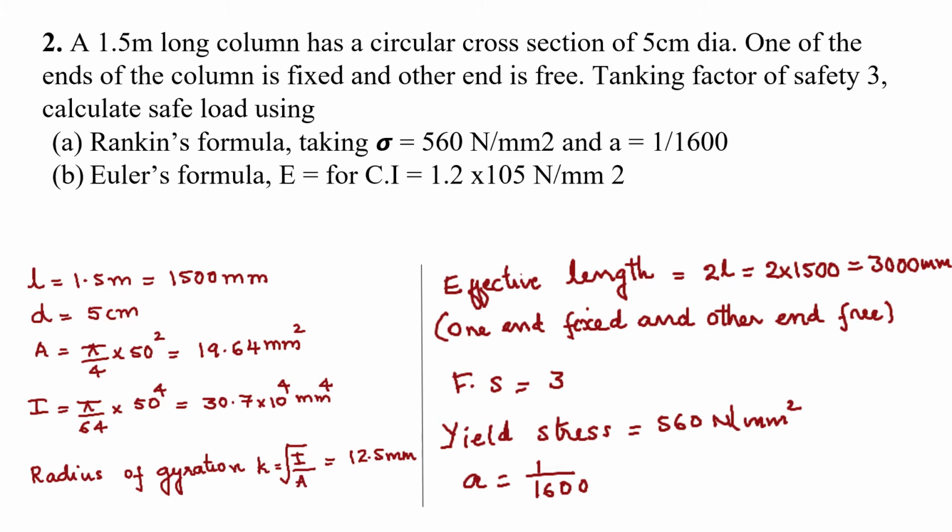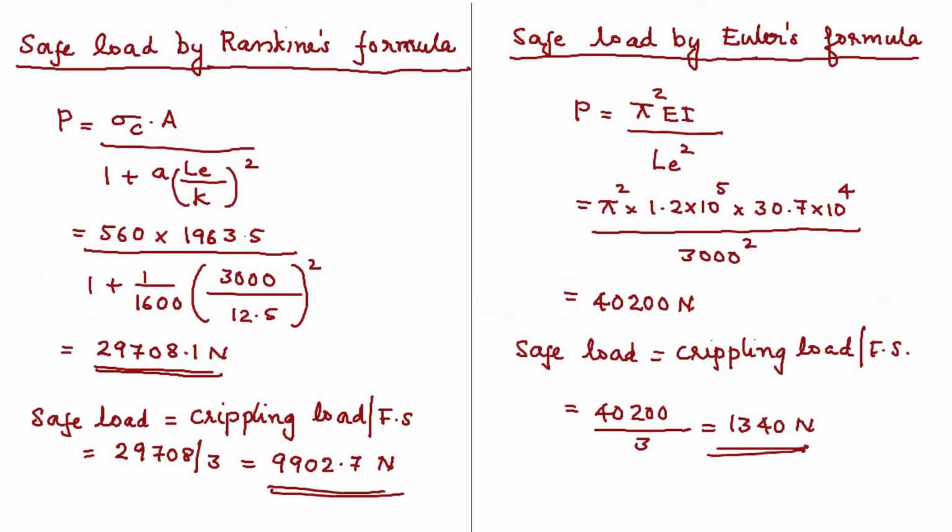And the factor of safety is given as 3 and yield stress is 560 Newton per mm square and Rankine constant 1 by 1600. First we can find out the safe load using Rankine's formula. P is sigma C into A divided by 1 plus A into Le by K whole square.